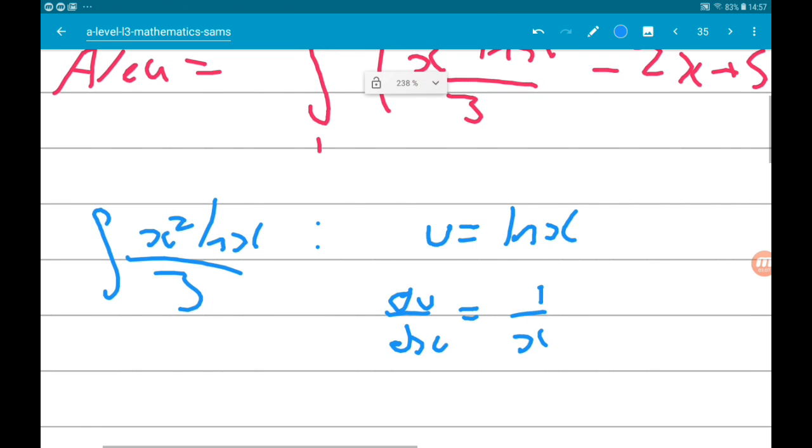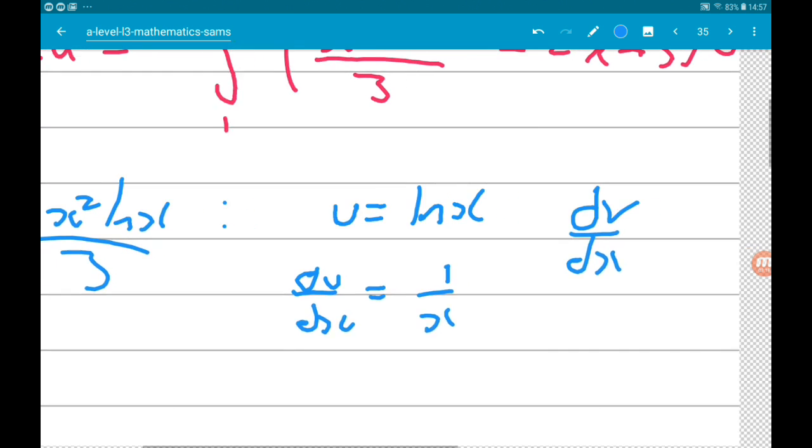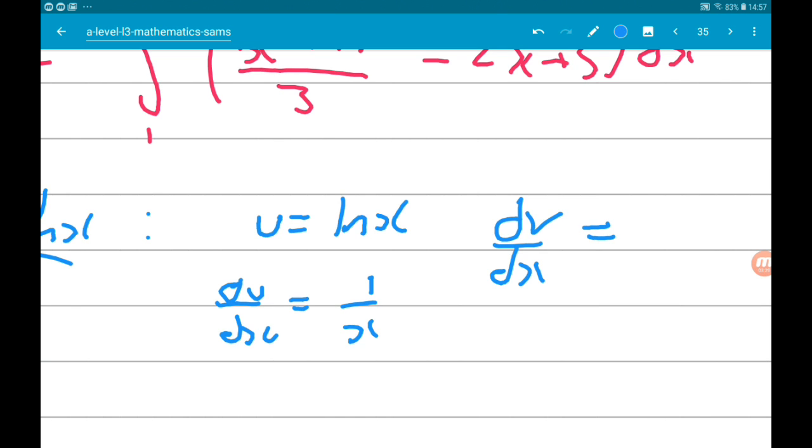Now we're going to call dv by dx x squared over 3. So then v is x cubed over 9.